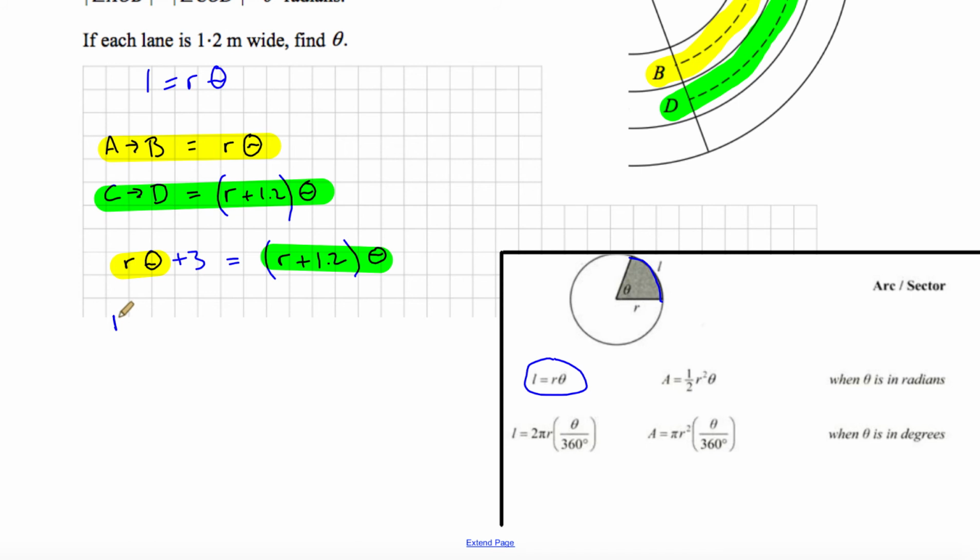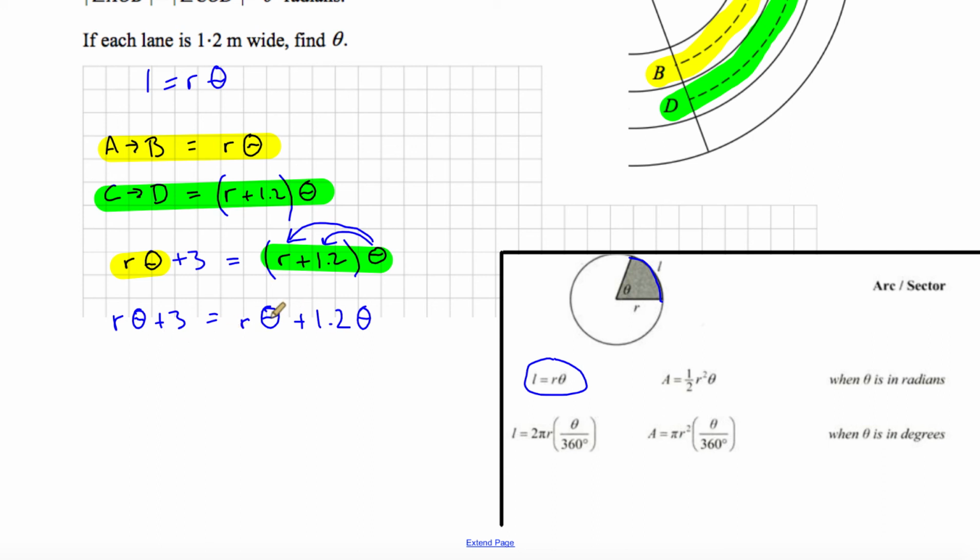We've got R theta plus 3 on the left. We leave that alone. I'm going to multiply this out now. So the theta gets multiplied by each of these here. So that's R theta plus 1.2 theta.